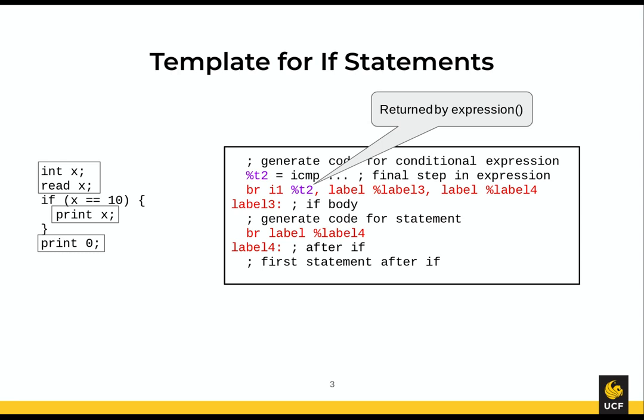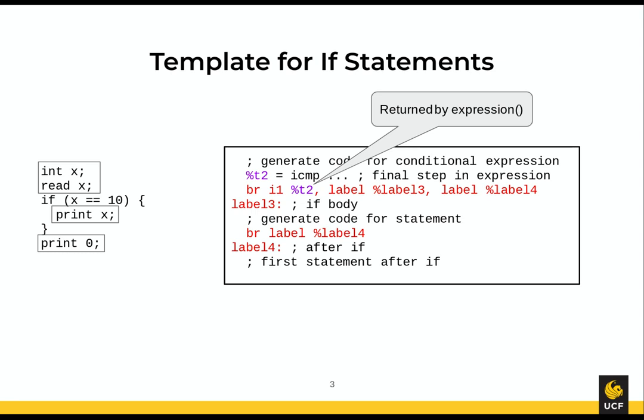Oh yeah, another thing: just like the body of the if statement is handled by a piece of the parser that you've already written, you don't have to rewrite how statements are generated. You also don't have to worry about how the expression code is generated. You already have code that will generate an expression. You just need to remember which temporary variable the result of that expression's computation is stored in.